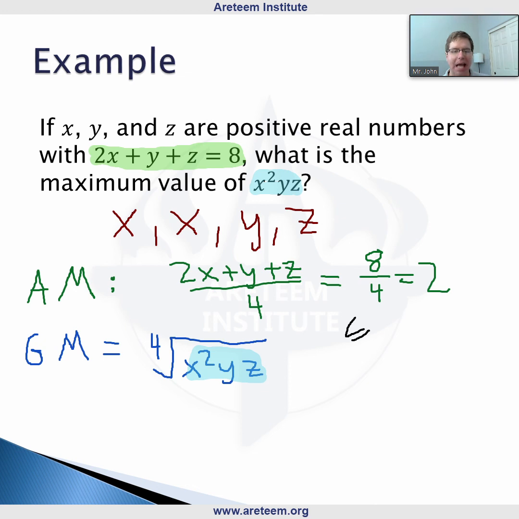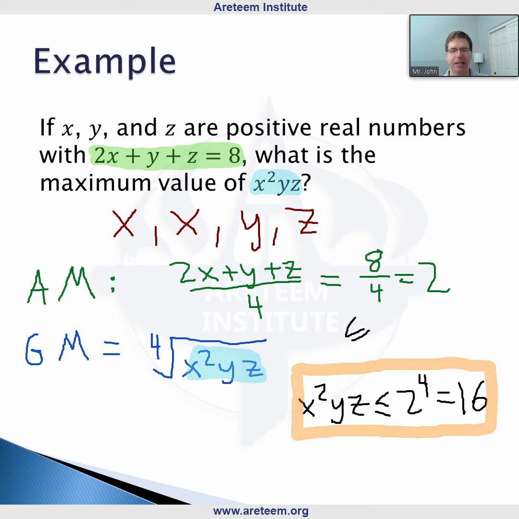Rewriting this and putting both sides to the fourth power, x squared y z is less than or equal to 2 to the fourth power, which is of course 16. So the maximum value here is 16.